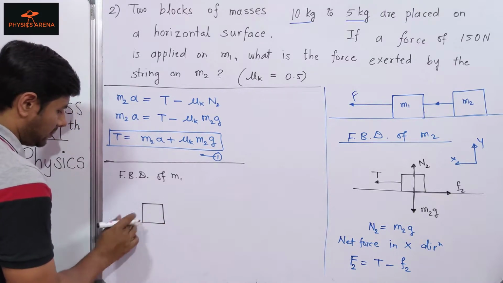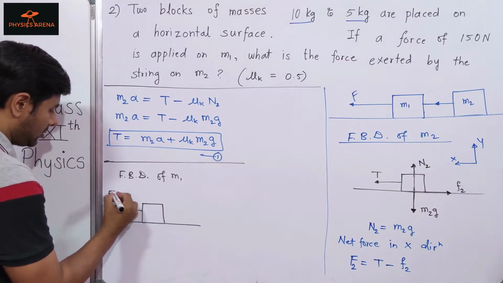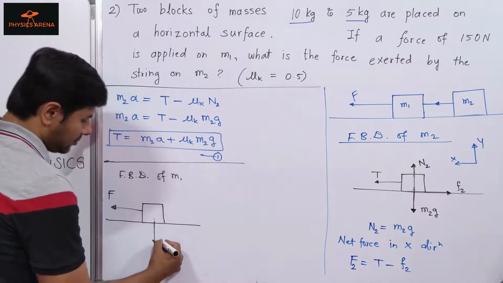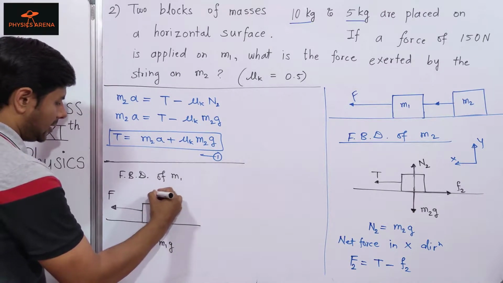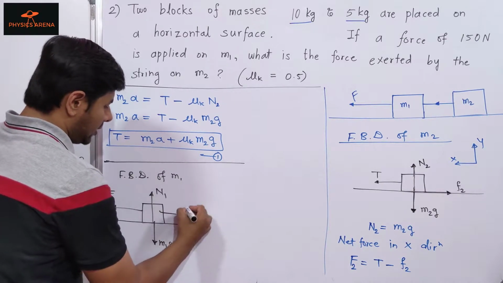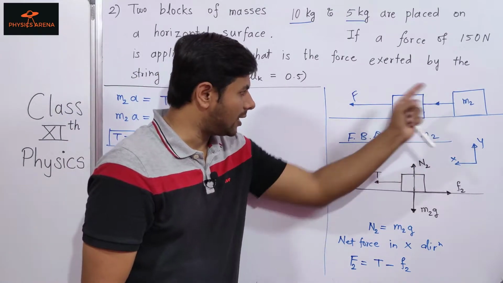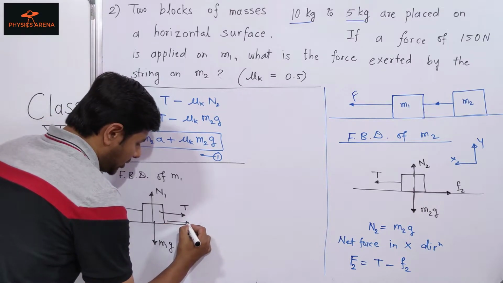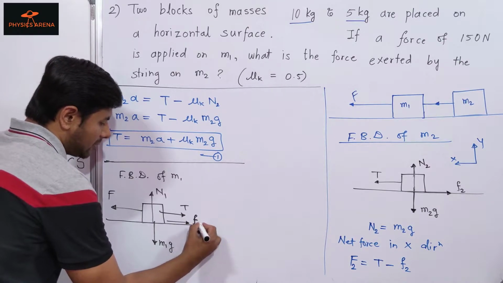So this is the mass, this is the external force F, the gravitational force acting down, m1 times g, the normal reaction acting up, N1, then there is the tension in the string, so the string pulls m1 towards the right, so the tension in the string, and in addition to that there is the frictional force, so let's call it small f suffix 1.